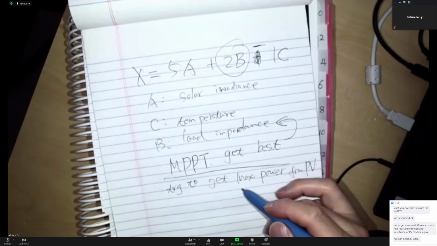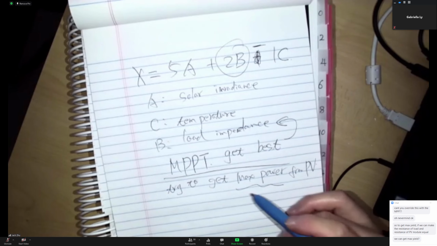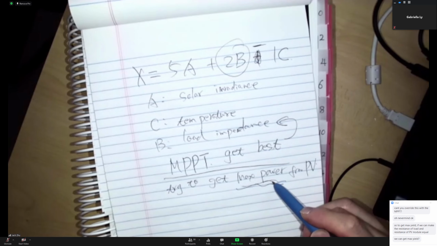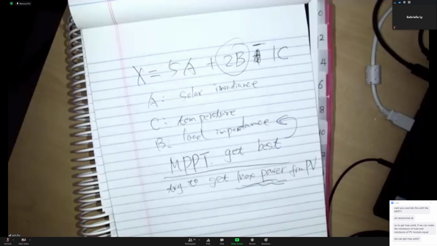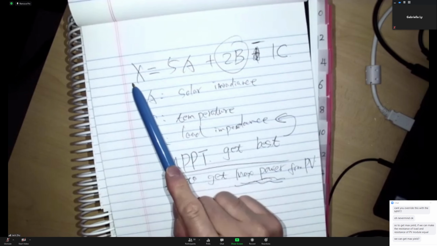But at a different time, the maximum power available depends on the solar irradiance and the temperature. So this number is not a constant number.